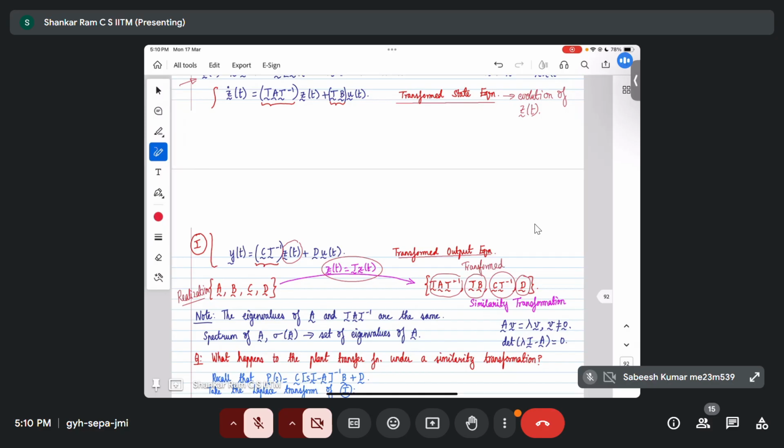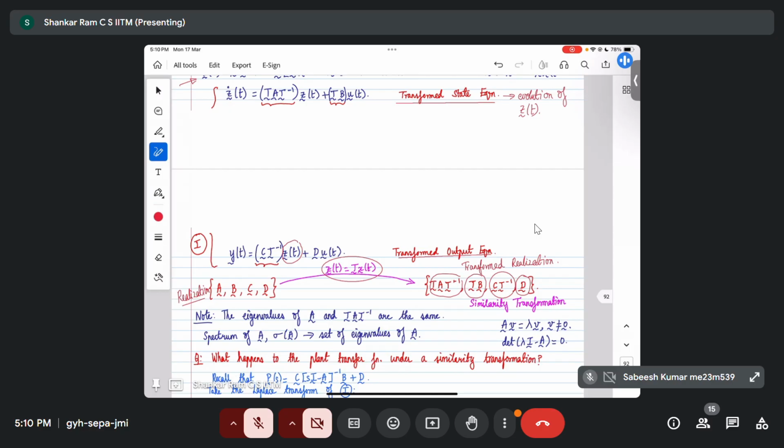Like this, we can construct an infinity of such realizations. Why? Because there is an infinite number of invertible matrices T which can essentially help us go from x to z. So that is always possible.